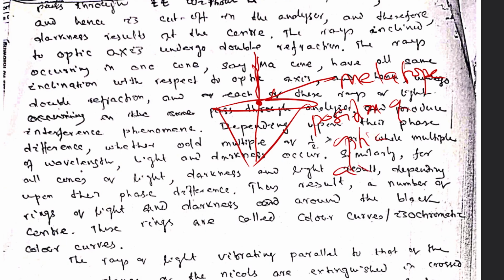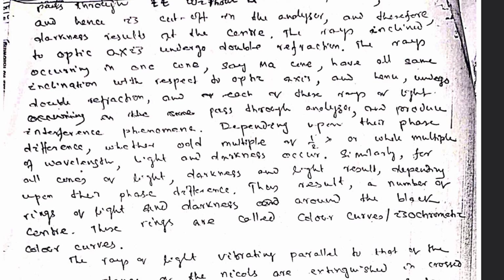The optic axis position is indicated by a dark spot at the middle. The light that passes parallel to the optic axis, through the center, faces no double refraction, and that's why it is caught up in the analyzer, producing darkness.